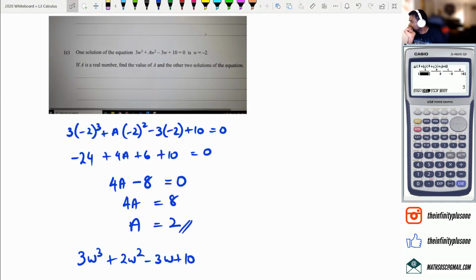Let's have a look. Now, for this question, to get the A value is going to be achieved, but the rest of it is going to be merit.